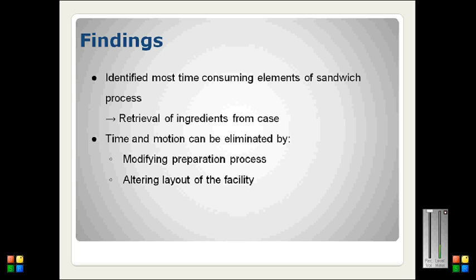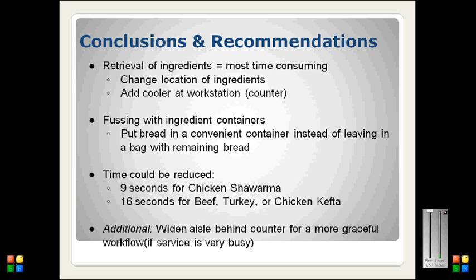We have found that time and motion could be eliminated in this process by modifying how the sandwich is prepared and/or altering the layout of the facility just by changing around where some items and ingredients are in the deli.